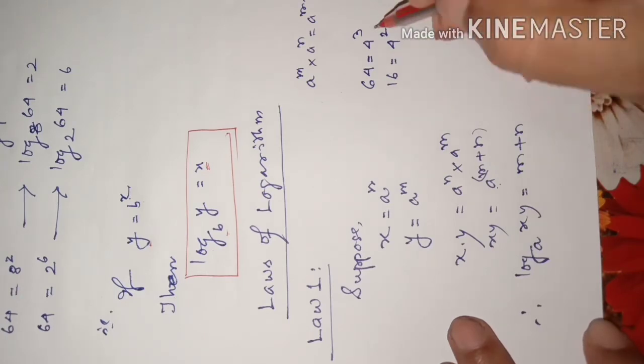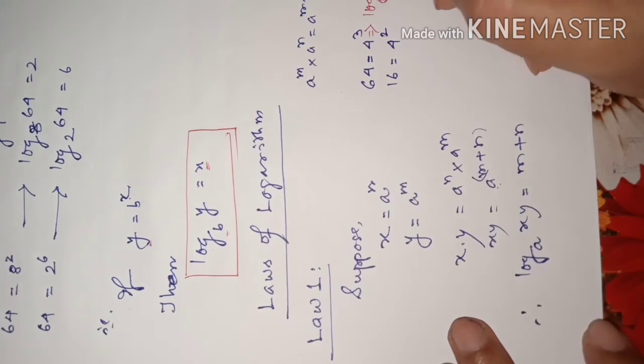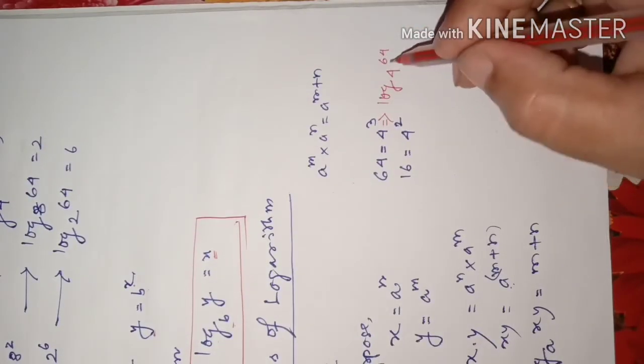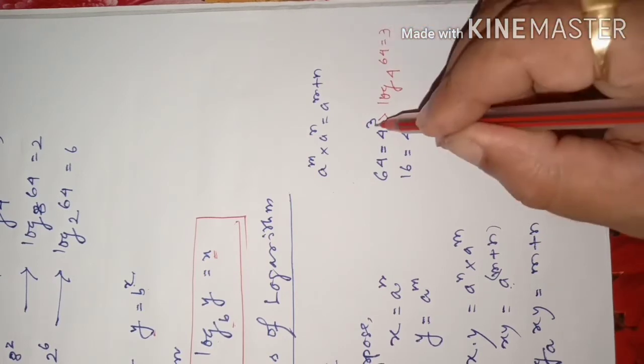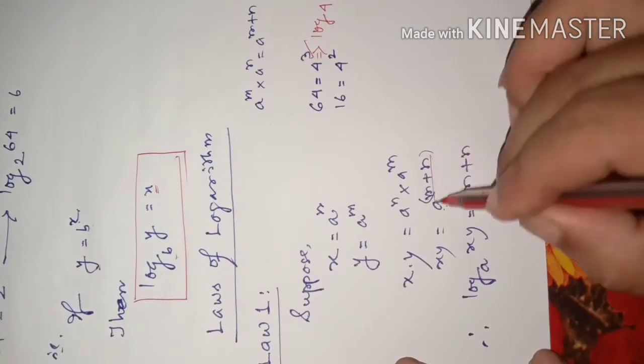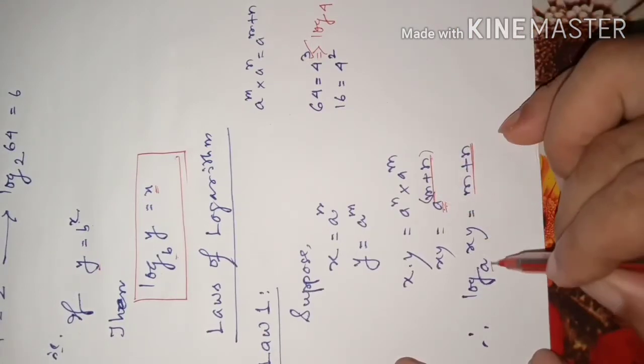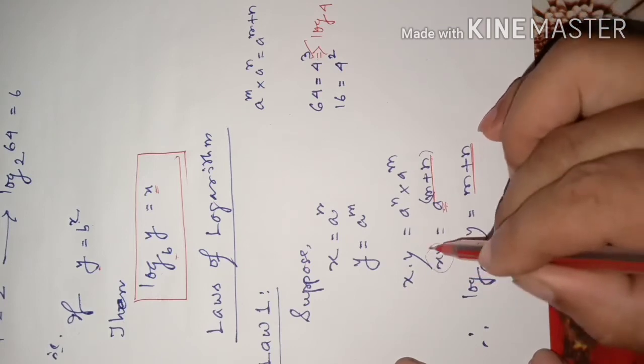Because you see, when we write log to the base 4 of 64 is equal to 3, you write the exponent, right? So here what is the exponent? m plus n. What is the base? a. What is the number? xy.